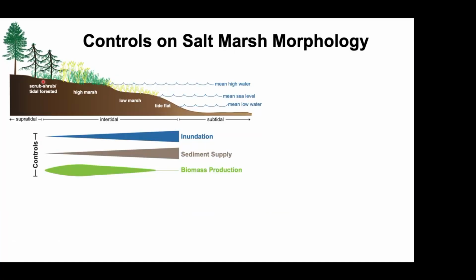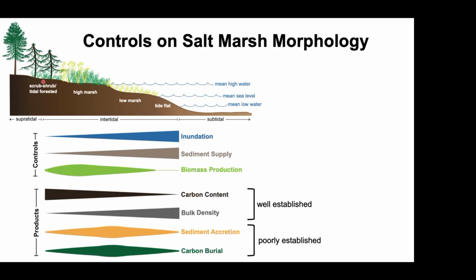Okay, so what controls the morphology of salt marshes? So the growth of salt marshes is controlled by the interplay between inundating water, which brings much needed sediment, and then also biomass productivity, which tends to peak at higher elevations where salt stress is more limited. And so these controls influence the morphology and the sediment characteristics of salt marshes in ways that I would characterize as variably well understood.